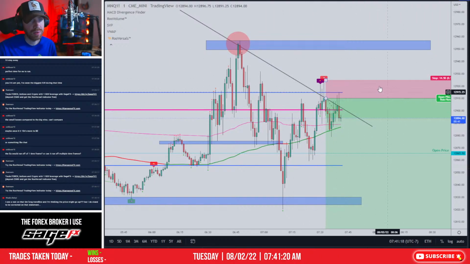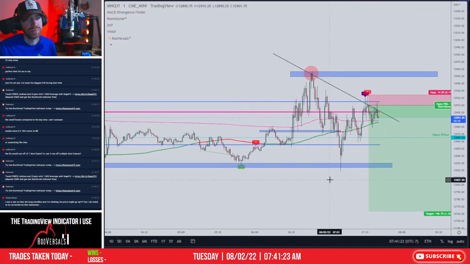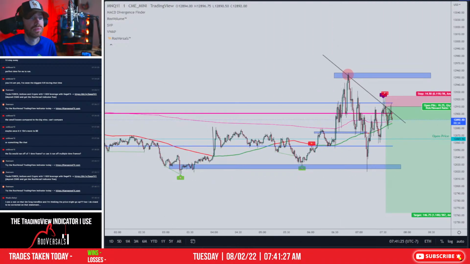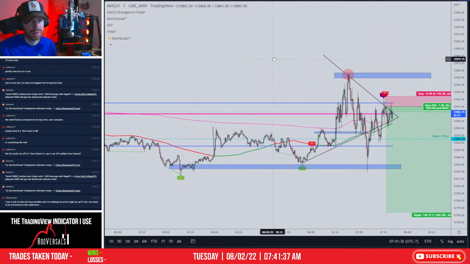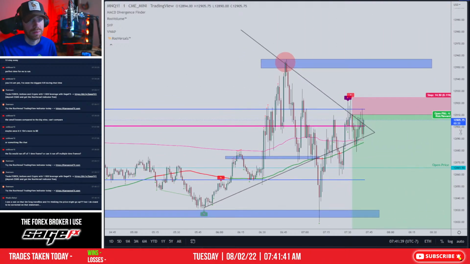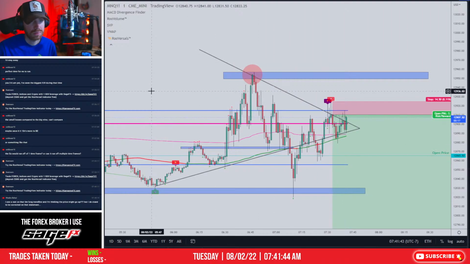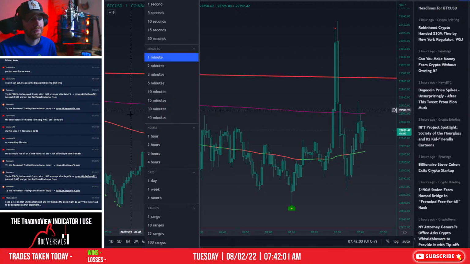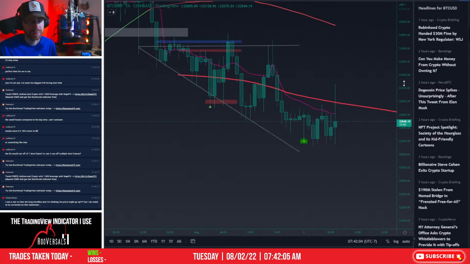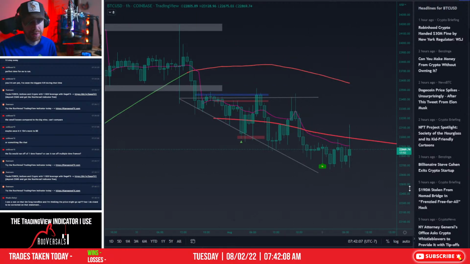It's failed here the last 7 candles. There's a breakout coming fairly quickly. It's a really bearish candle on Bitcoin if it closes like that.